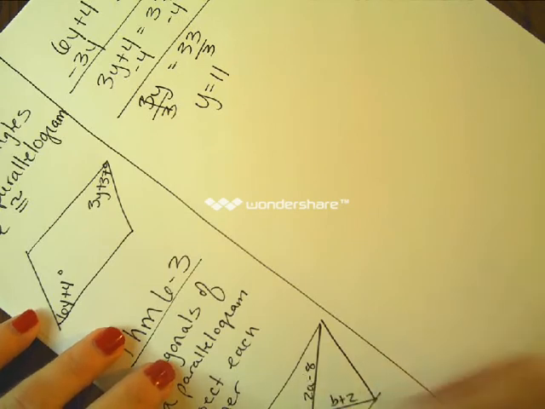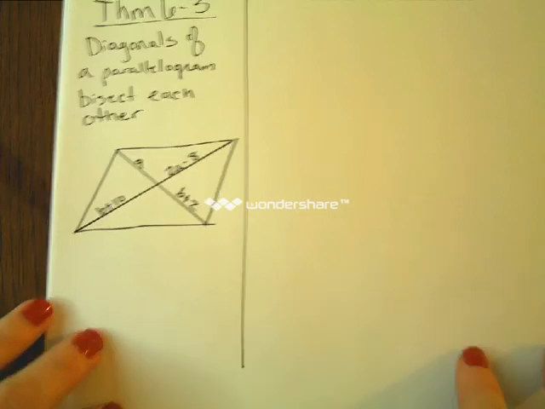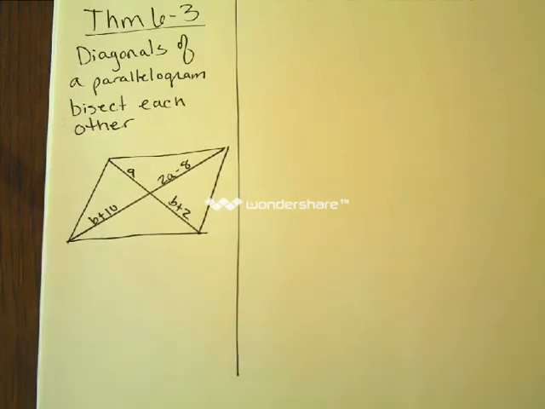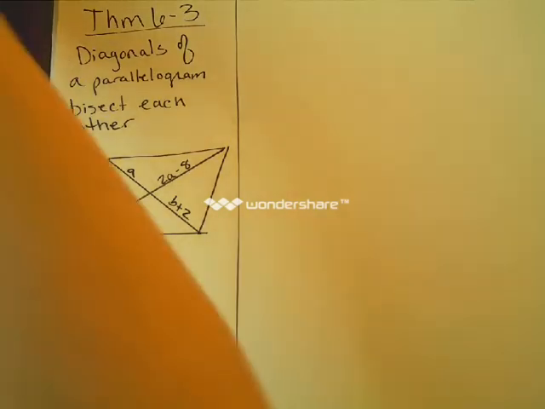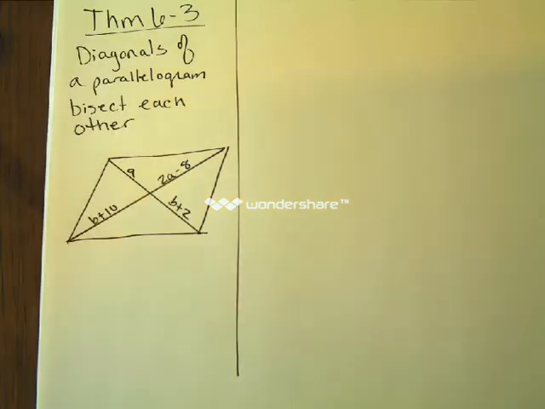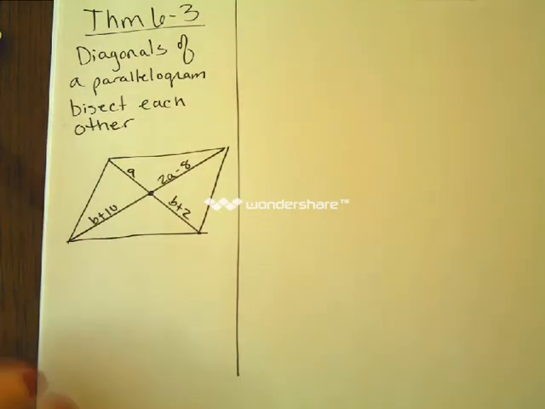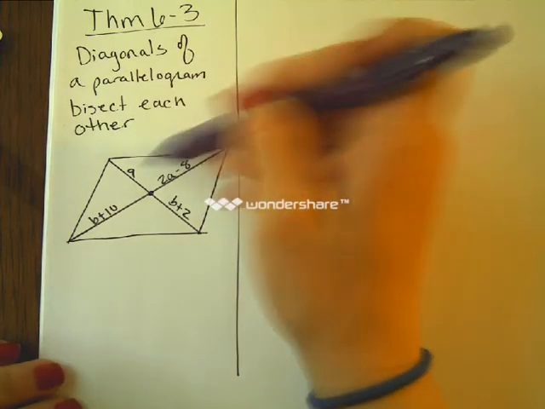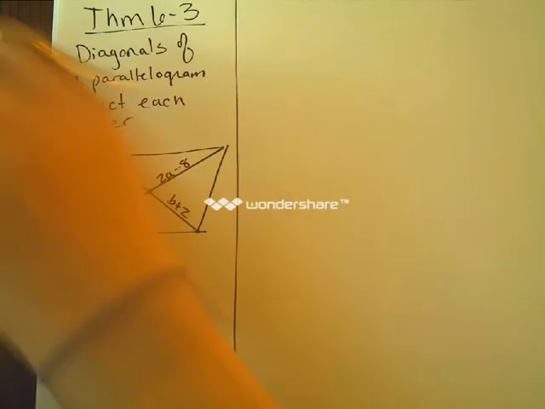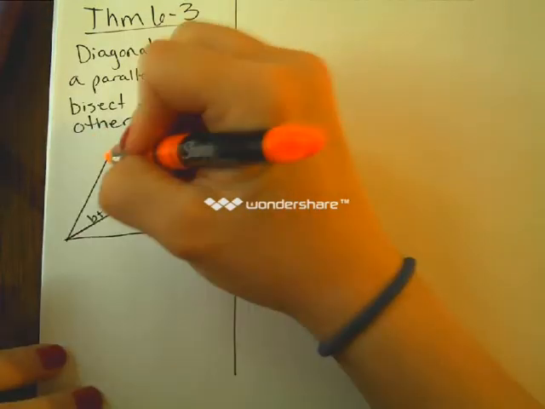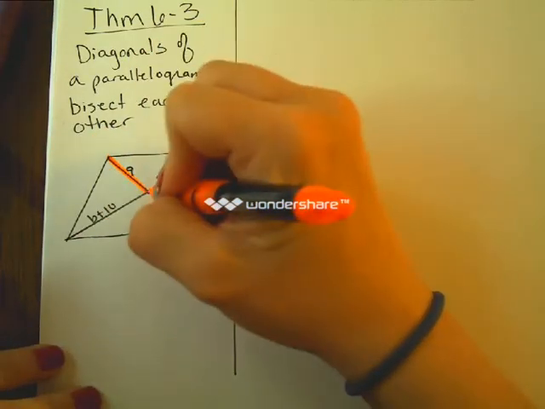Bisect each other. Okay? That means this is a midpoint of both lines. It does not mean that these two are equal. It means that this is bisected so that those two are equal.